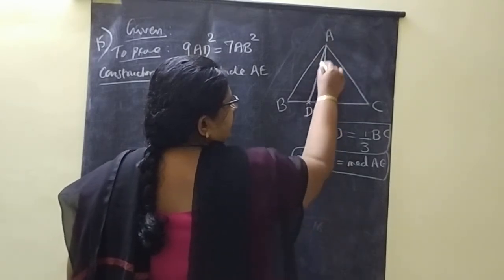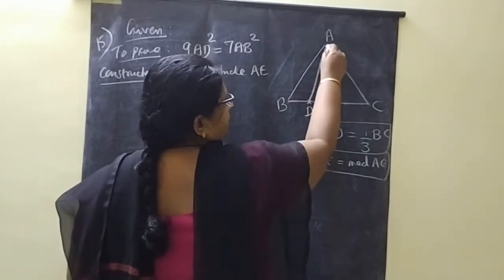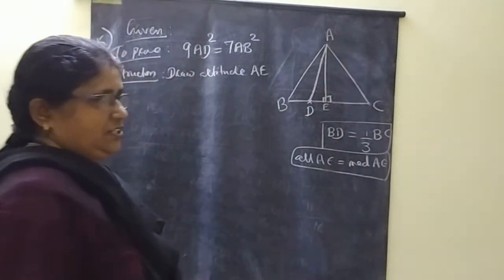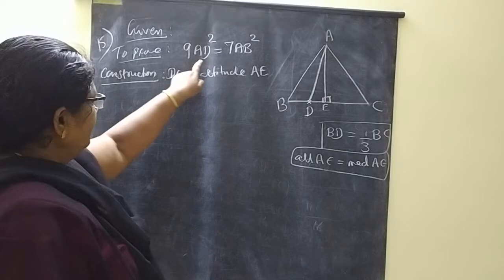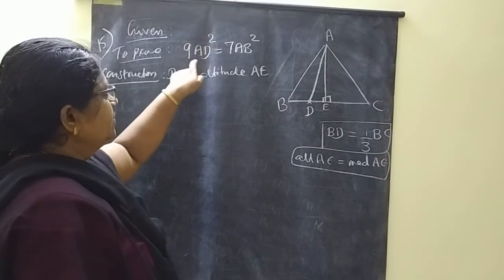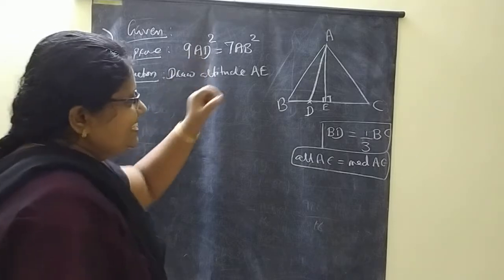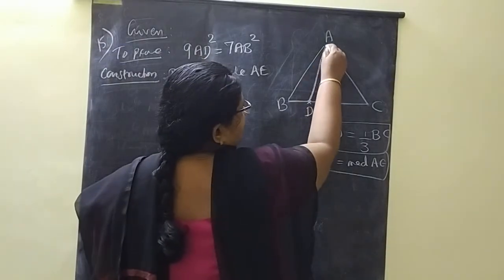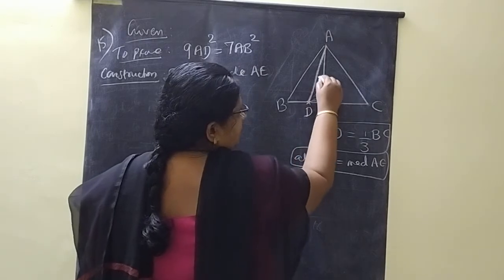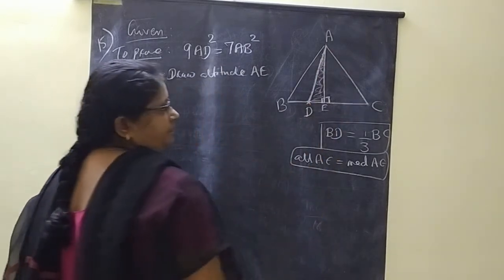A, E, D, it is a right triangle. A, E, C, it is also a right triangle. But we want the word AD. AD term we want. So for getting that AD, see, AD is the hypotenuse of this particular triangle.